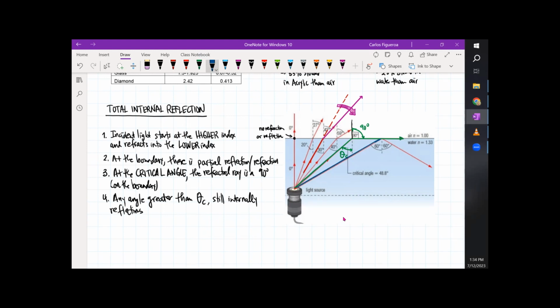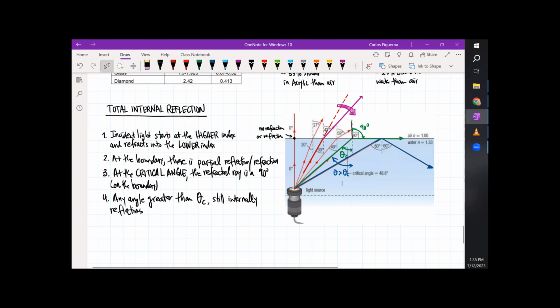And you could see here that this guy just critically reflects. And this angle here is greater than the critical one here.